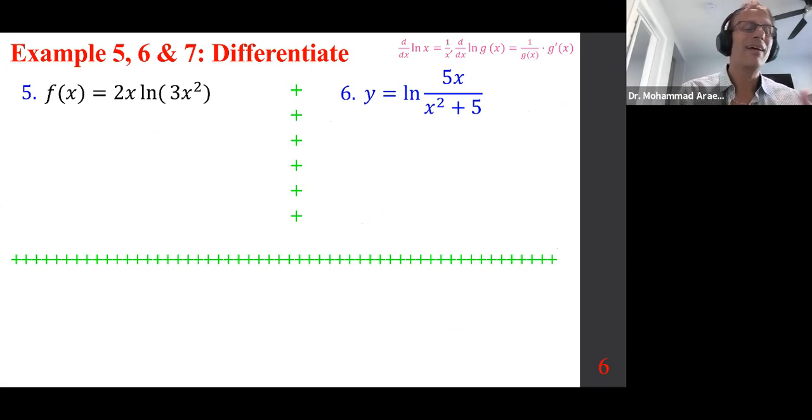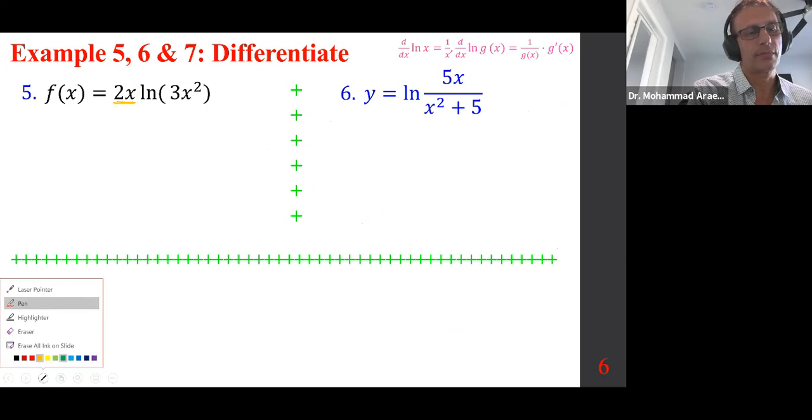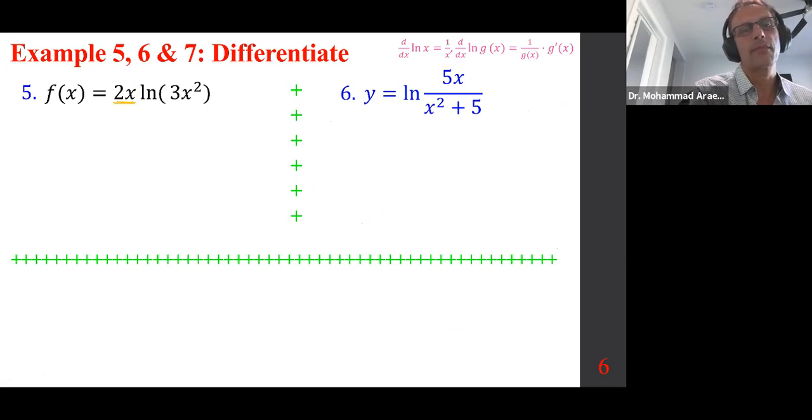However, it doesn't make that much of a difference. In fact, it could make the process a little bit more involved. So it is the product of 2x and a natural log. So you are using the product rule.